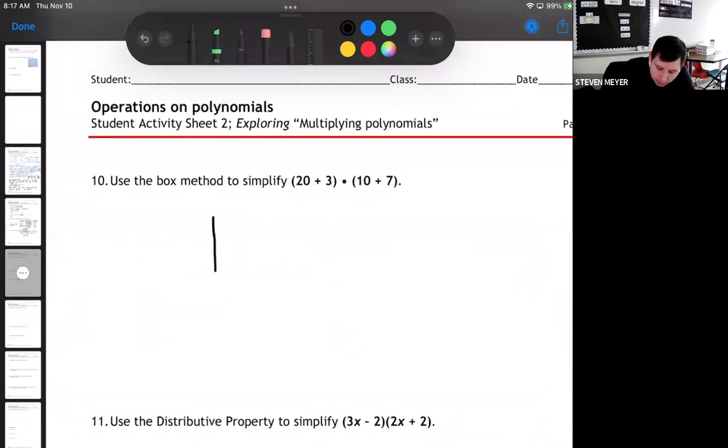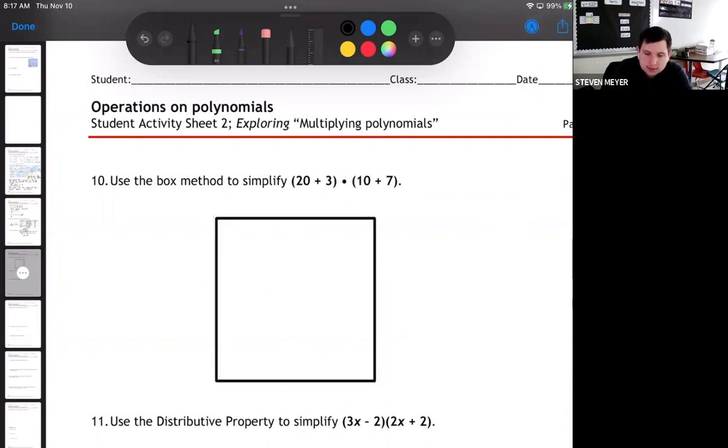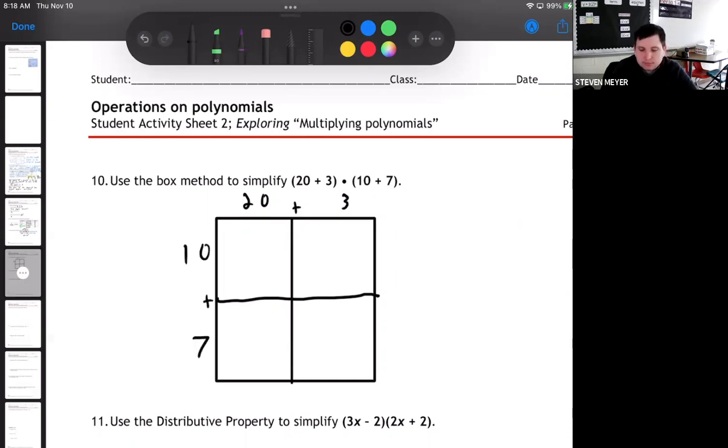So for question number 10, start by just drawing a box, and we're going to split that into 4 quadrants. And on top, I'm going to put the first binomial, so 20 plus 3, and on the left side, I'm going to put 10 plus 7.